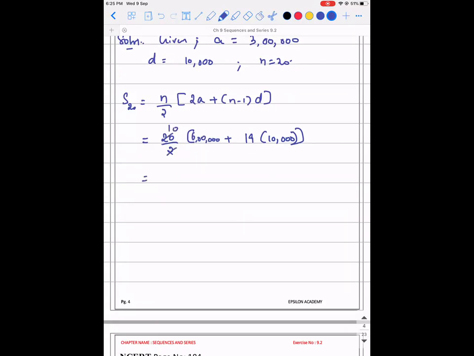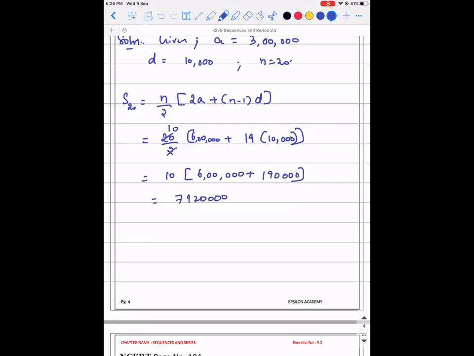So what would be the answer? 10 into 6 lakh plus 1,90,000. How much is this? 7,90,000. So 7,90,000 into 10, that is 79 lakhs.